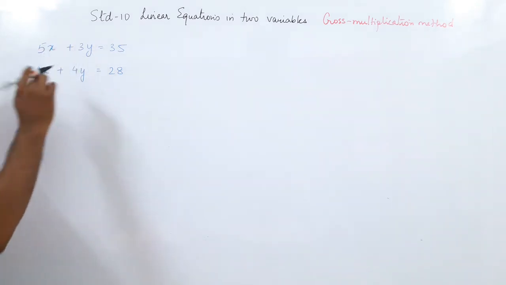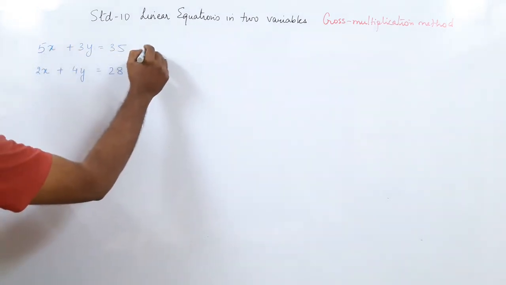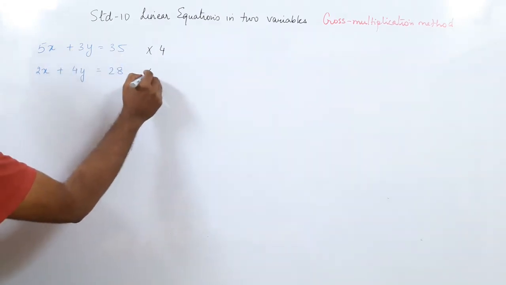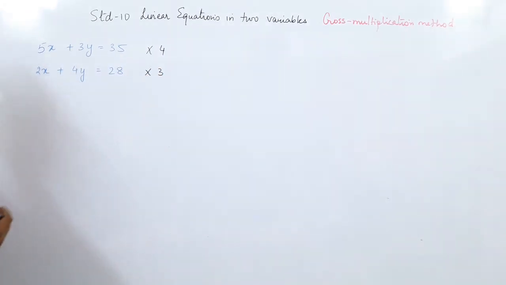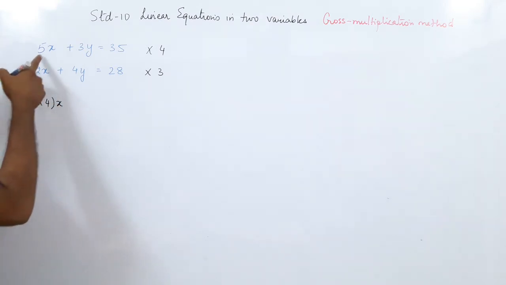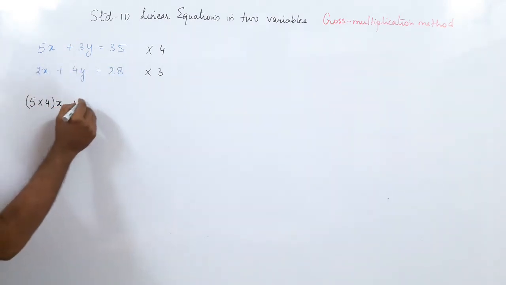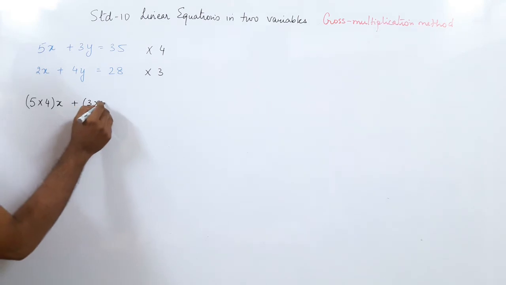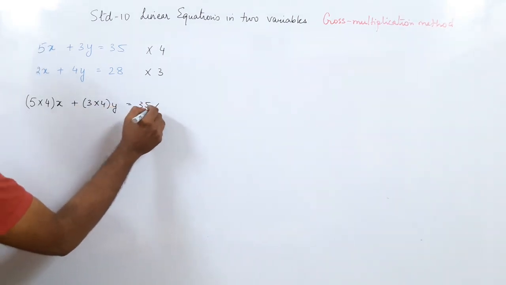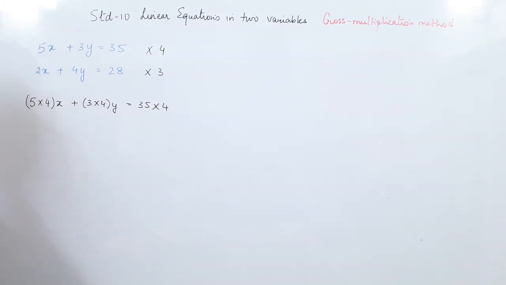Right? But how do they both become 12? So I multiply this equation by 4. So 4 3s are 12. And I multiply this equation by 3. So 3 4s are 12. So I get 5 into 4x plus 3 into 4y equal to 35 into 4.